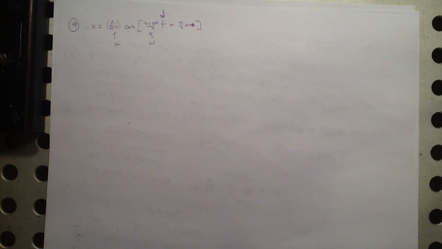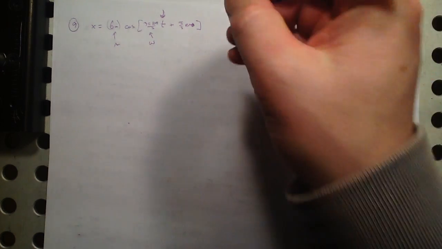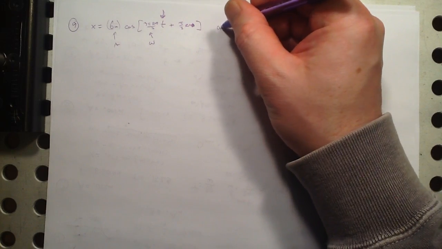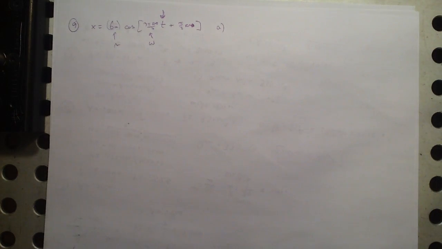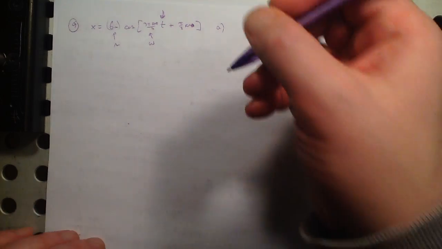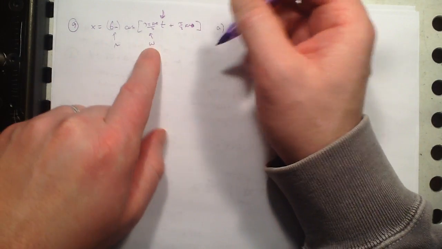What are the displacement, velocity, acceleration, and phase of the motion? And what are the frequency and period of the motion? So basically answer every question you possibly can about this. So A, at time equals 2 seconds, they want to know what all those things are.